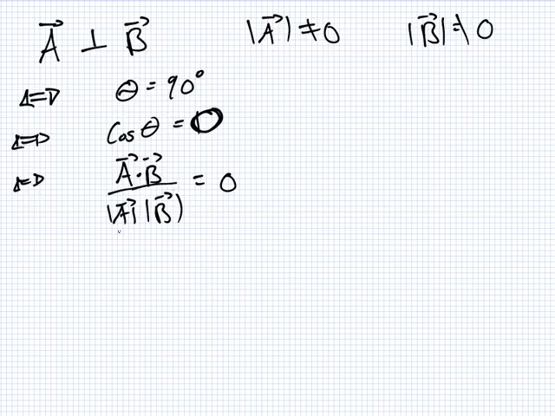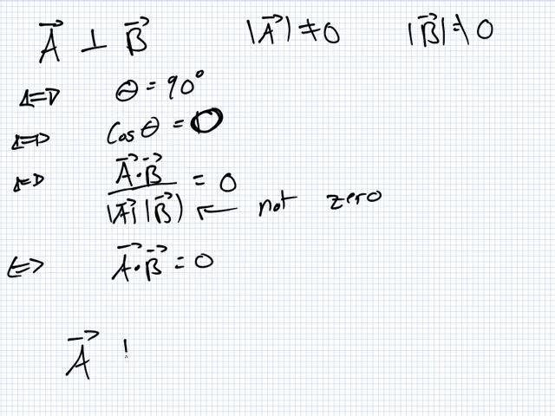So A and B here are not 0. So the only way that this could equal 0 is if A dot B is equal to 0. So in other words, A is perpendicular to B if and only if A dot B is equal to 0.